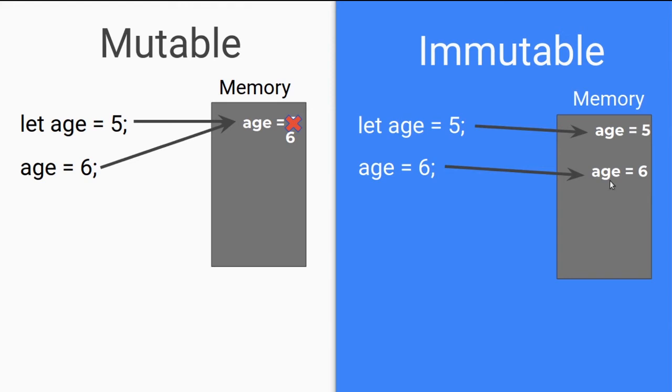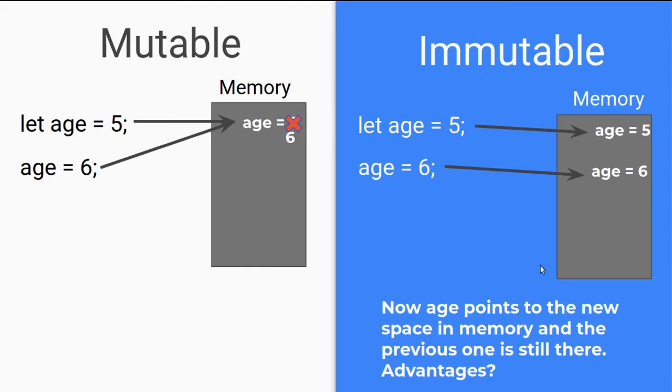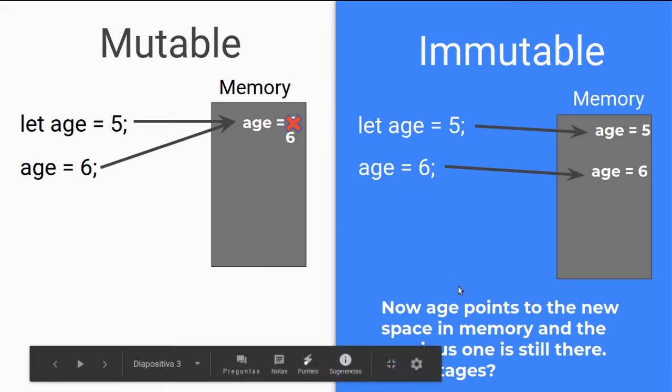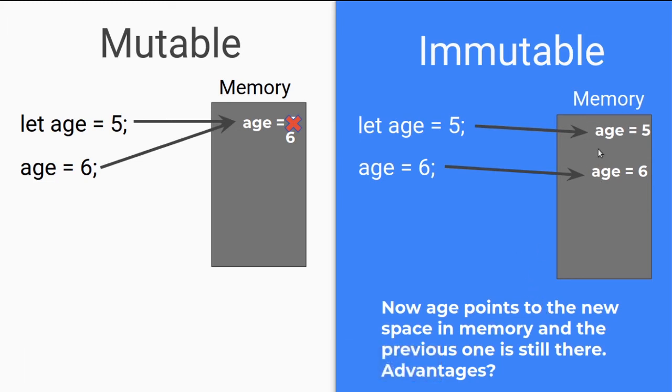That is the only difference between mutable and immutable. But why would we want to do it? In this case, as we said, age points to the new space in memory, and the first one is still there.